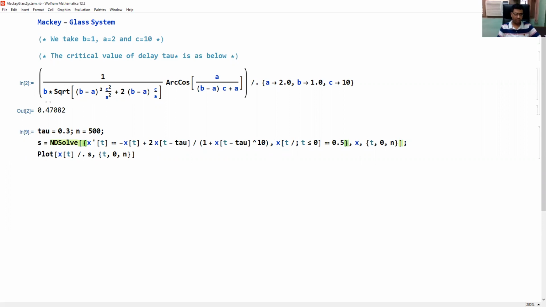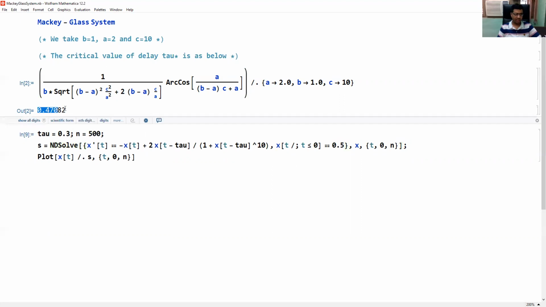It is 1 upon b square root of (b minus a) square into c square by a square plus 2 times (b minus a c) upon a into cos inverse of (a upon b minus a into c plus a). Here we replace a by 2, b by 1 and c by 10.